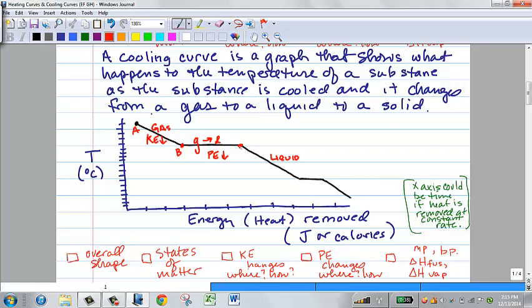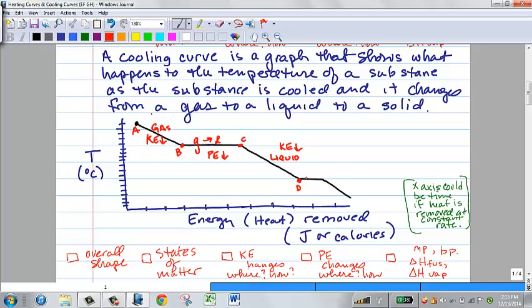When all of the liquid is formed, none of the gas is left over, then the liquid will cool down. And so when I see the temperature dropping, I know that means the kinetic energy is dropping along with it. So from point C to point D, I have just a liquid whose temperature is dropping, so the kinetic energy is dropping, the molecules are slowing down.